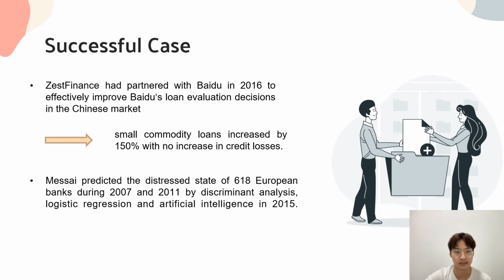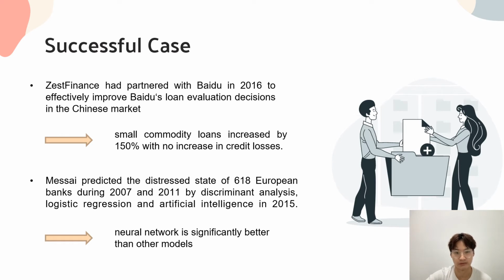For the second case, Visa predicted the distressed state of European banks. From this research, the neural network is significantly better than other models, and their successful experiences can be a good reference for us. Therefore, there is no doubt that the application of machine learning and artificial intelligence in credit risk management is a clear trend for the future.